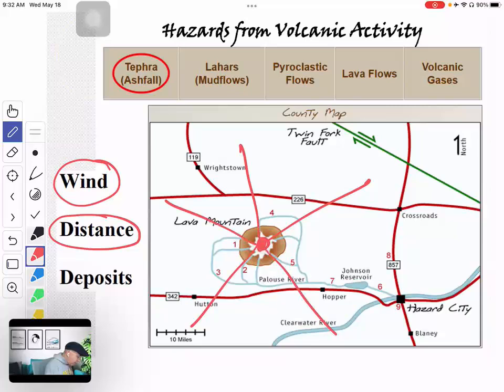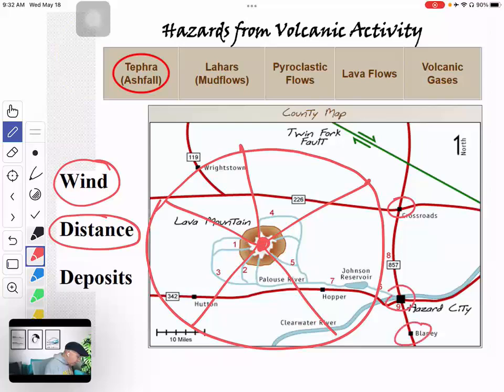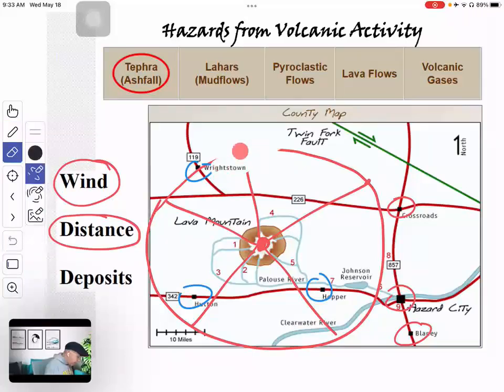So by knowing this, for example, if that's as far as the ash is going to travel, then Crossroads is not going to be affected. Hazard City is not going to be affected. Blaine is not going to be affected. But Hopper, Hutton, and probably Wrightstown will be affected. So knowing the distance will help you assess which communities will be affected.